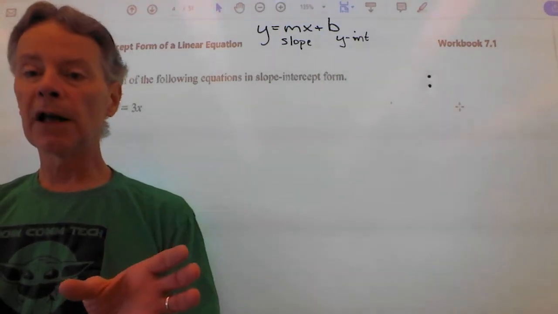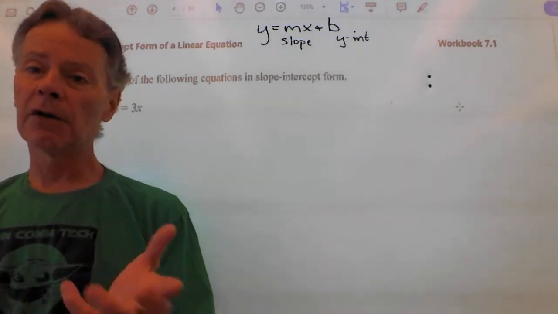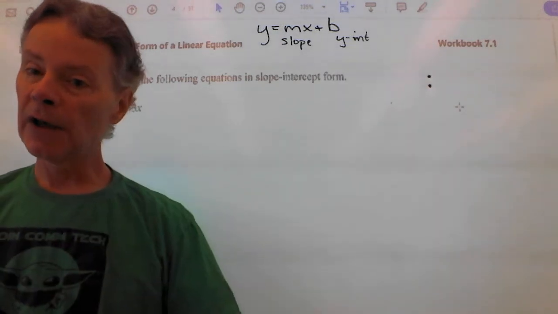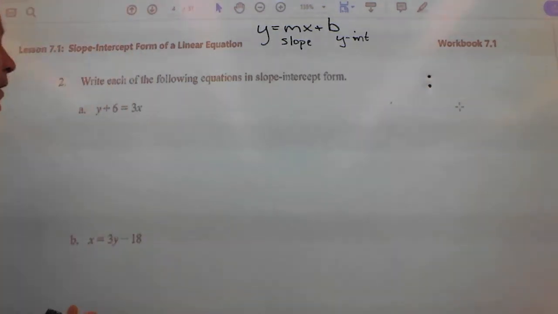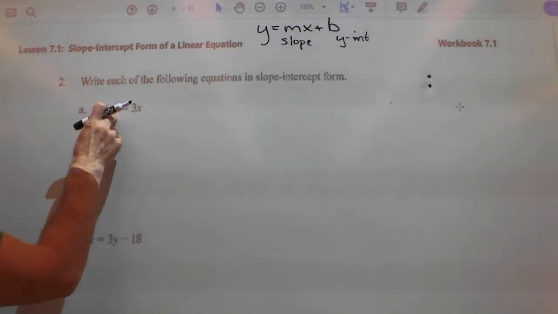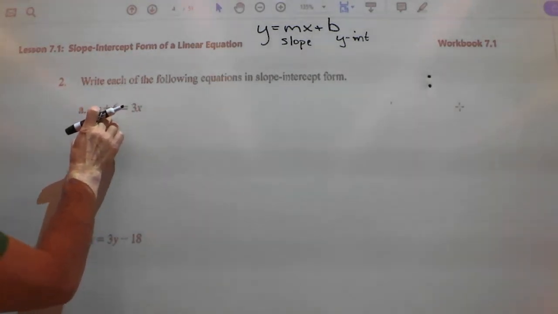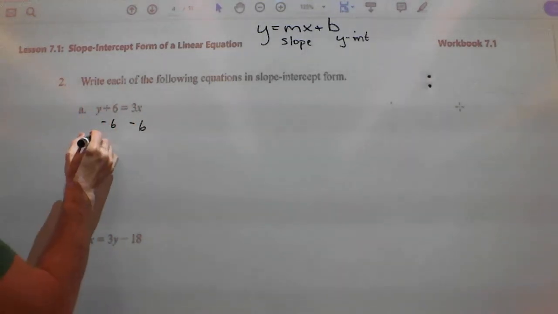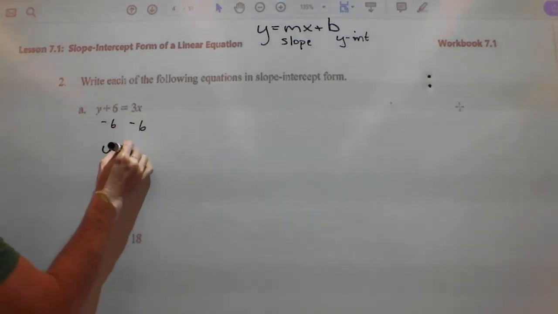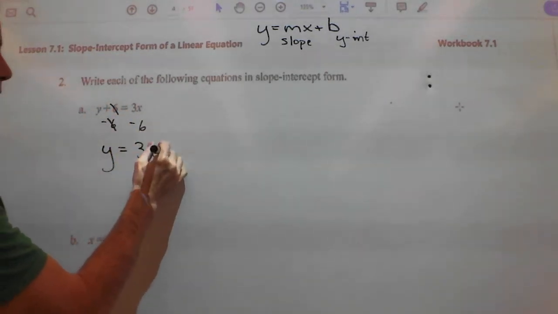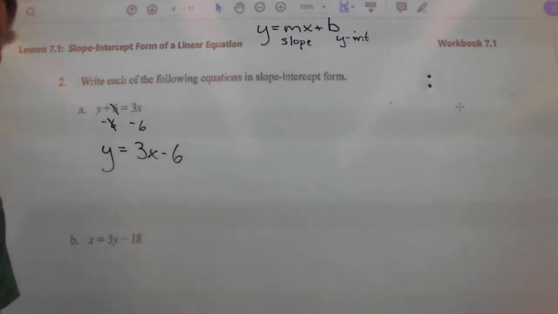Okay, get y all by itself, usually on the left side, although it doesn't matter, but get y all by itself by moving everything else to the other side. So you see in the first one here, all we have to get rid of is 6 because it's added. Remember, we always do the opposite operation to both sides, and that gives us y equals 6 minus 6 is 0, 3x minus 6. Done and done.